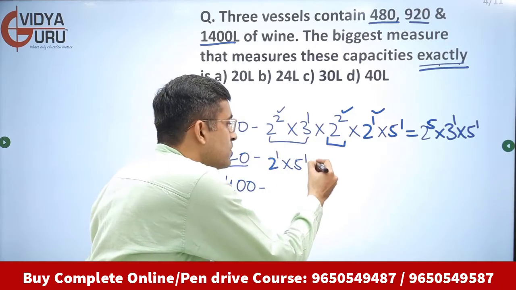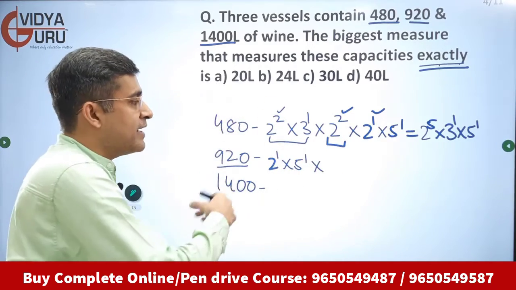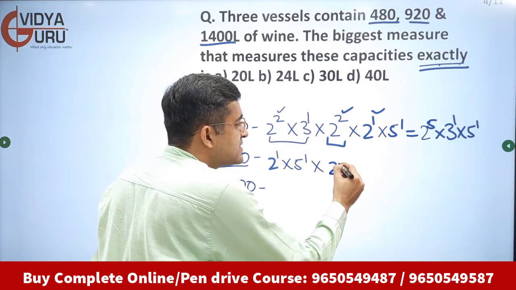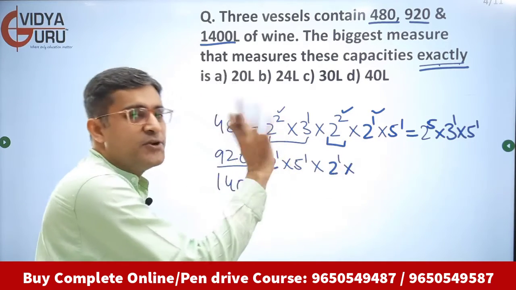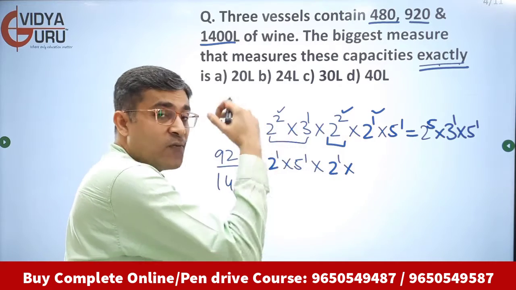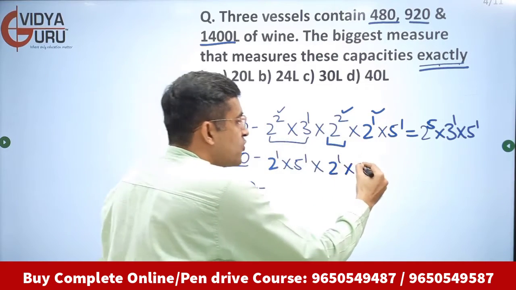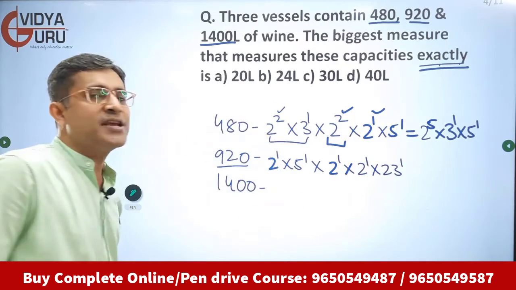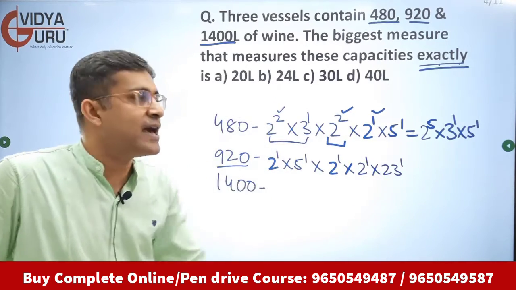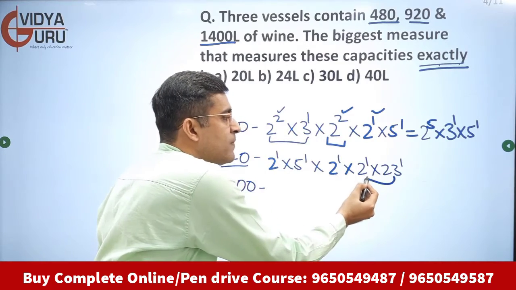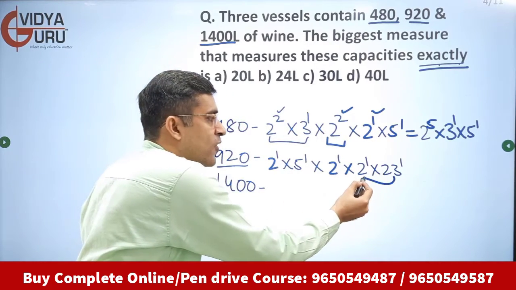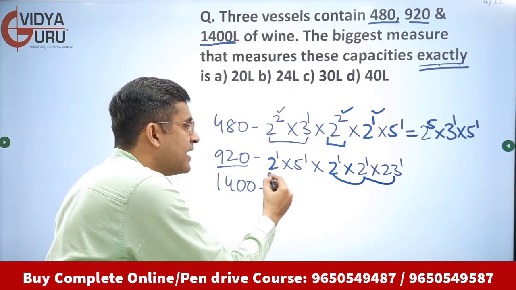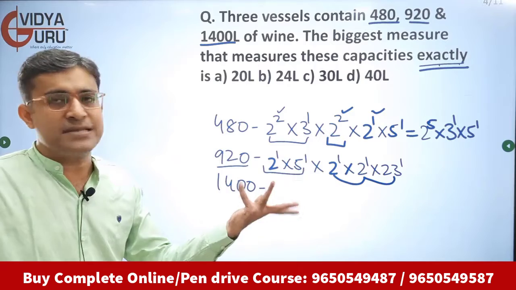So 92, students, seems to be a dangerous number, but 46 into 2 is 92. Now 46 can be written as 2 into 23. 23 is a prime number. 23 into 2 is 46, 46 2s are 92, and 92 into this 10 becomes 920.